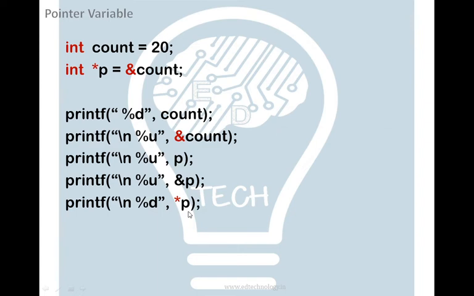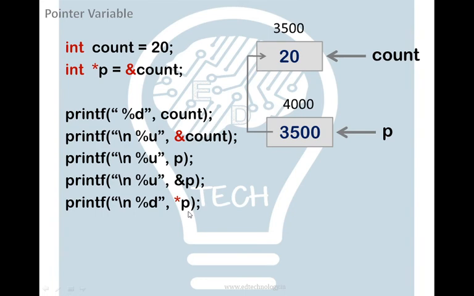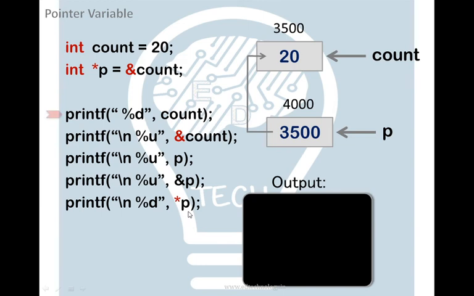The first output would be the value of count, which is 20. Then we move further in the program. &count with %u, so what would that be? That is the address of the variable count, that is 3500, stored in p.